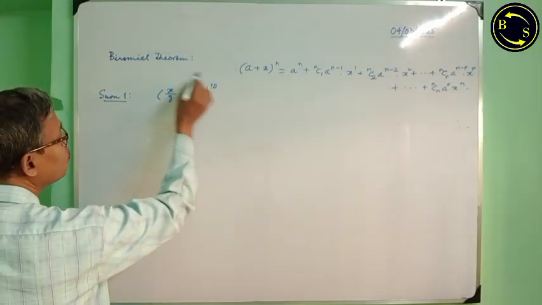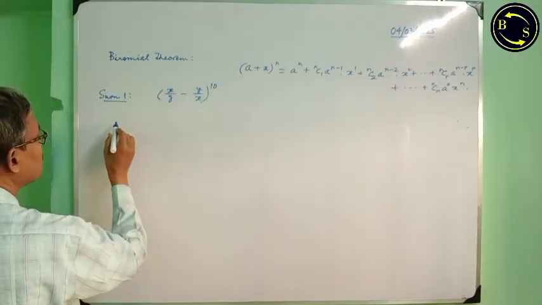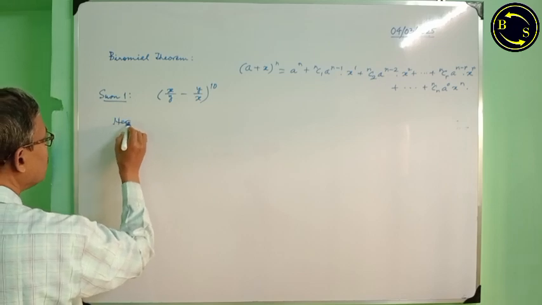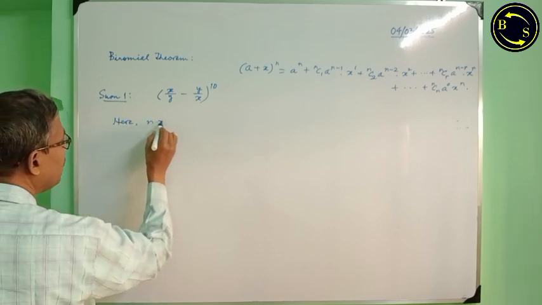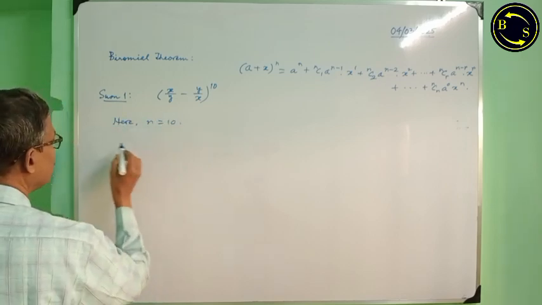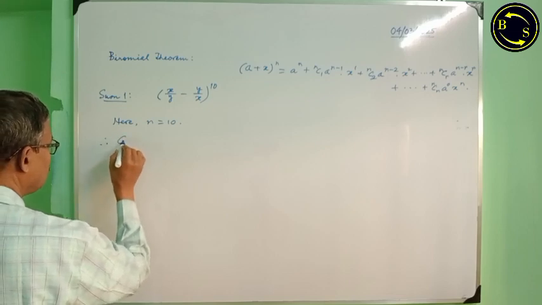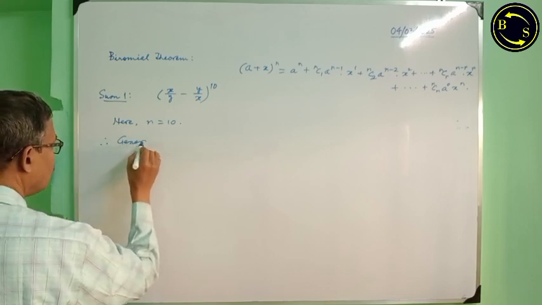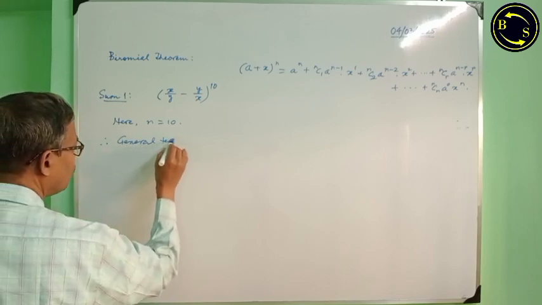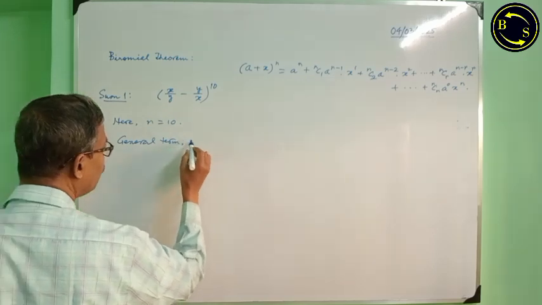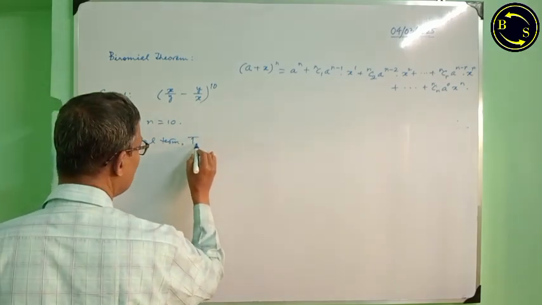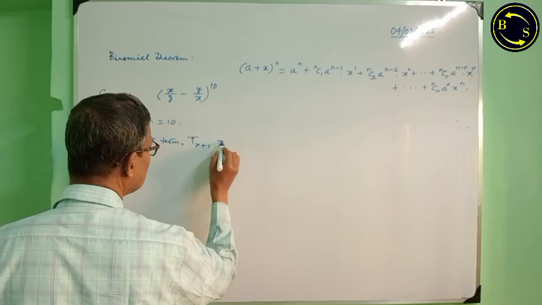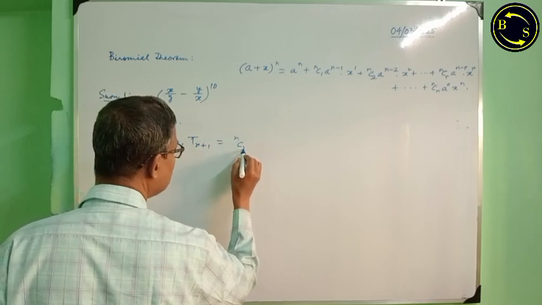First, writing this one, we mention here n equal to 10. Therefore, the general term, that means T(r plus 1). First we write the formula.